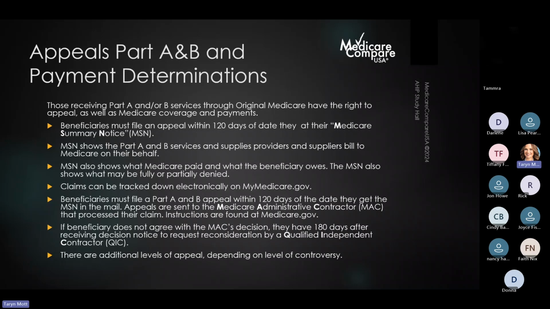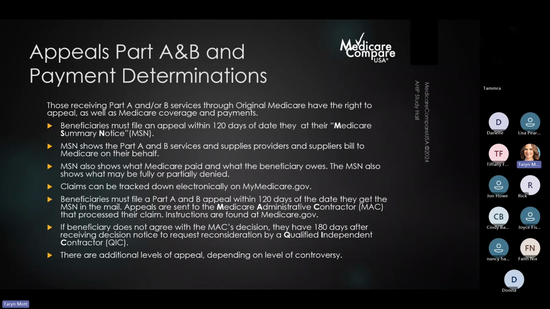Claims can be tracked electronically on mymedicare.gov. Beneficiaries must file a Part A and B appeal within 120 days of the date they get the MSN in the mail. That's super important to know. 120 days of the date they receive it in the mail.